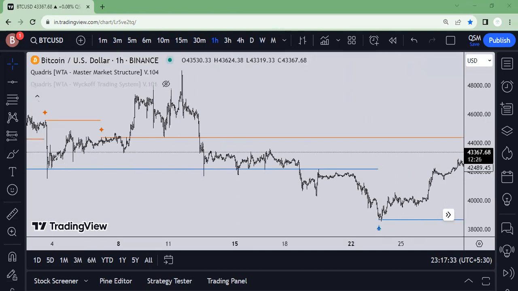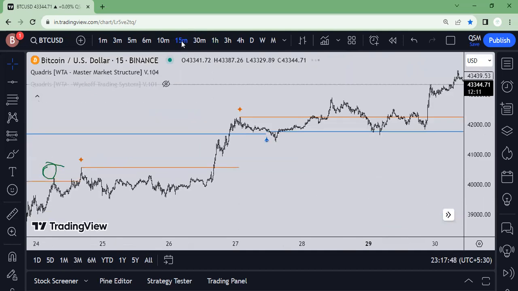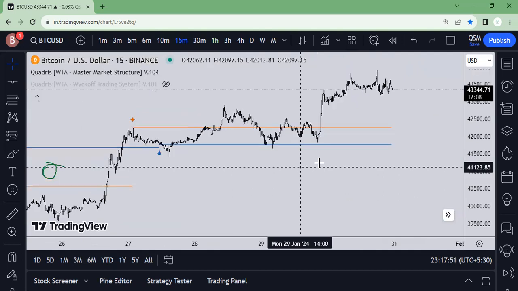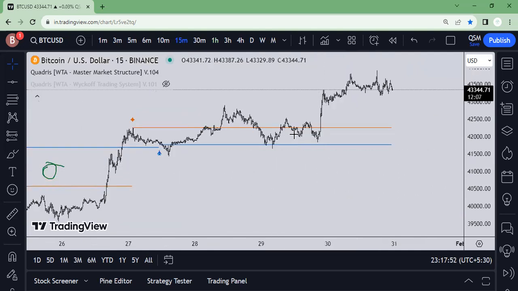See, okay. This is 4th and 15 minutes. It works excellently well on any time frame. This was the inception point.